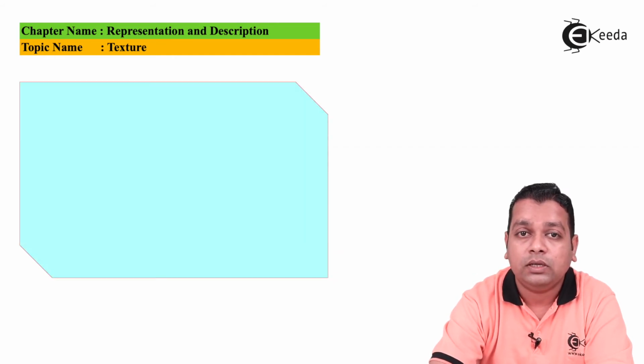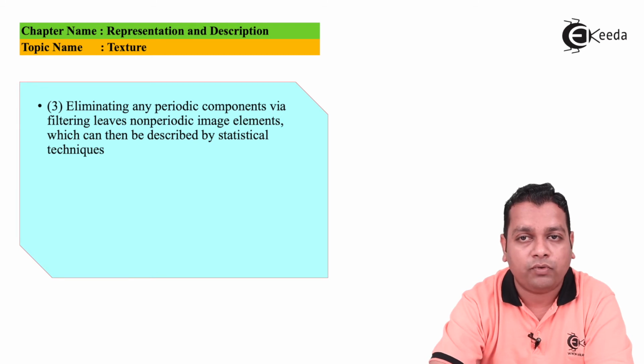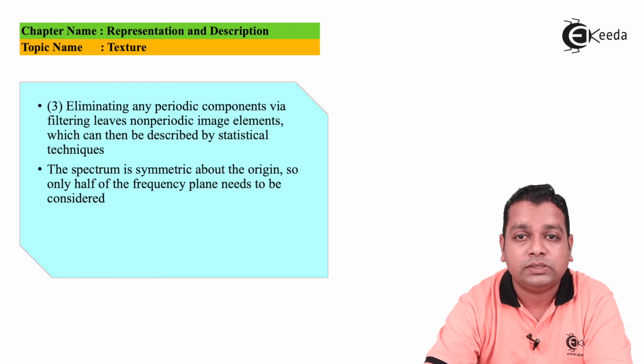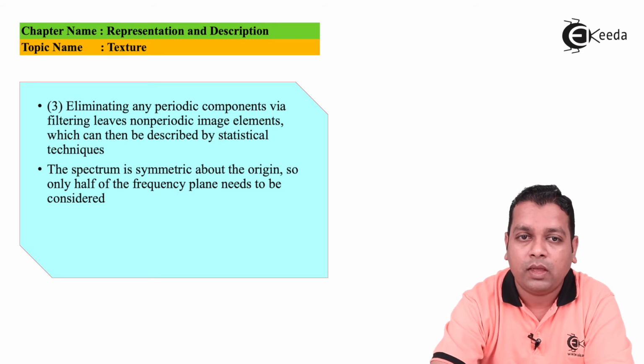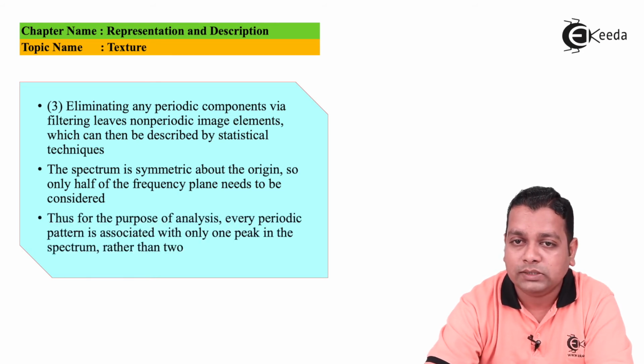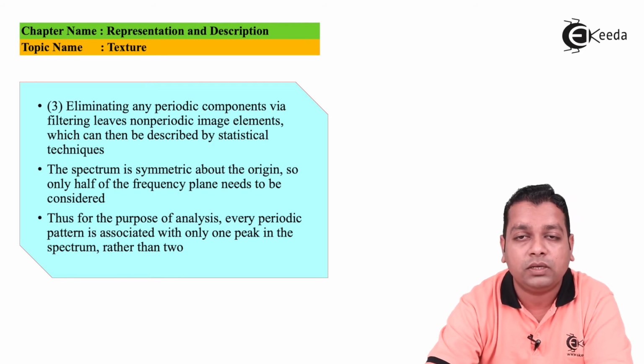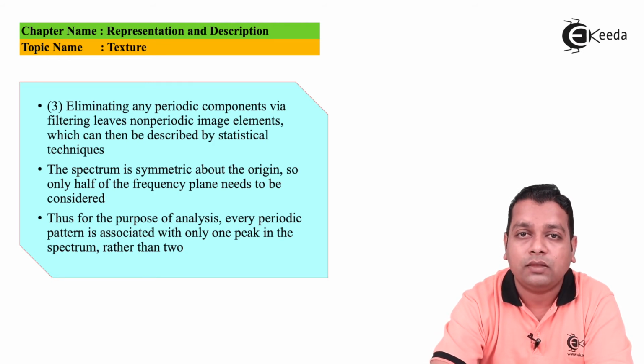The third one is that eliminating any periodic components via filtering leaves non-periodic image elements, which can then be described by statistical techniques. The spectrum is symmetric about the origin, so only half of the frequency plane needs to be considered. Thus, for the purpose of analysis, every periodic pattern is associated with only one peak in the spectrum rather than two peaks.